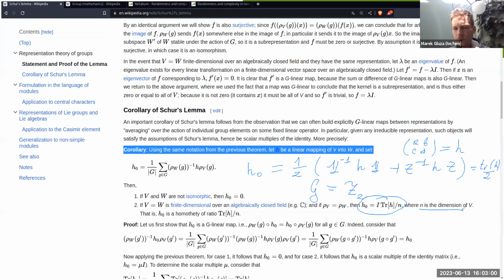Okay. So let's see whether that works. I think in this case it doesn't work because maybe we have something about irreducible representations or something like this. So we will check in a moment.